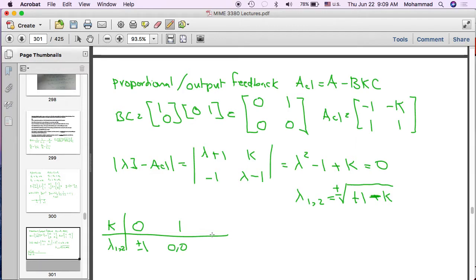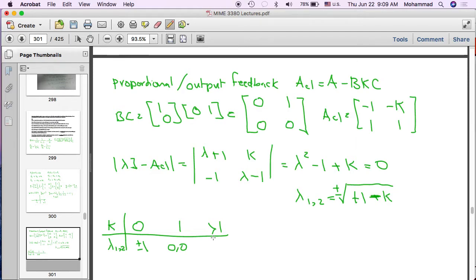So if k is larger than 1, what do we know? Look at the term under the square root. K with a negative sign is going to be larger than 1, which means you have a negative number under the square root.